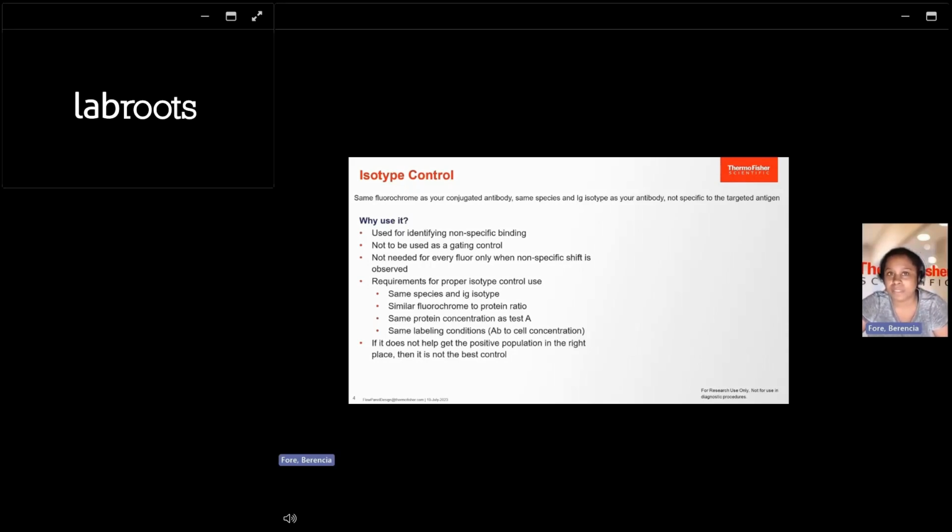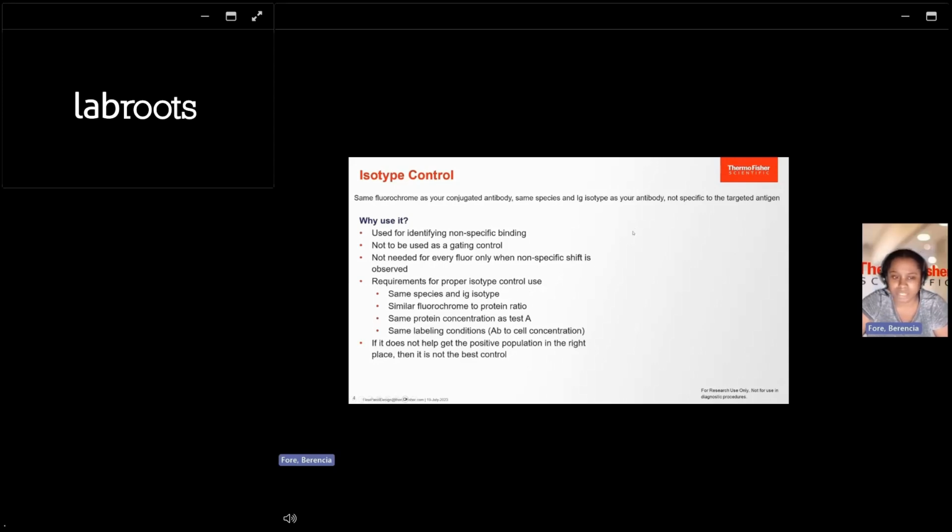Essentially, the reason why it may not be the right control for your experiment is because it is really difficult to make a proper isotype control. You have to actually hit these 4 points here, make sure that it's the same species and IG isotype, which is fairly easy, but trying to match the fluorochrome to protein ratio, the concentration, the labeling conditions, that can get really difficult.